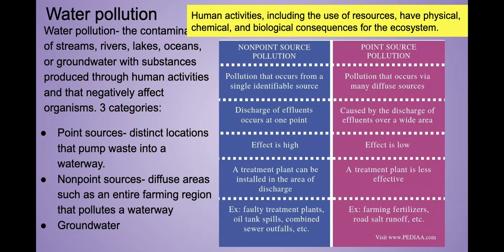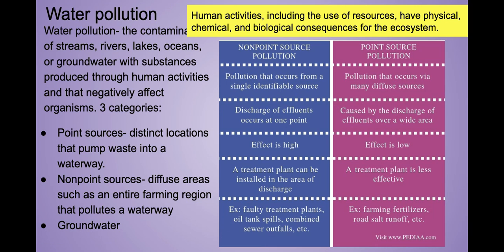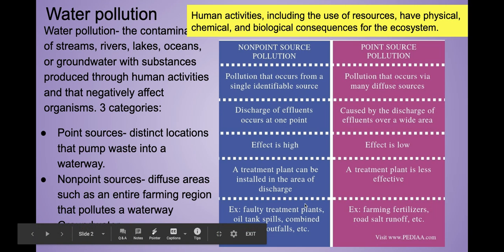So this chart is telling you the differences between point source versus non-point source. Again, besides knowing that they affect in different ways and come from different places, you also need to know that a treatment plan is a possible solution for only point sources.